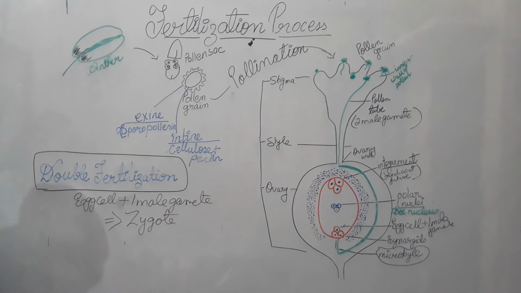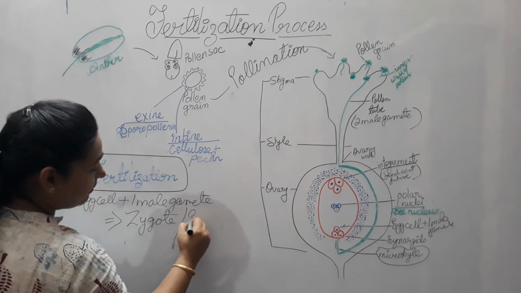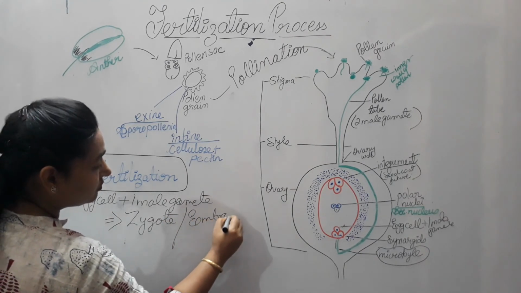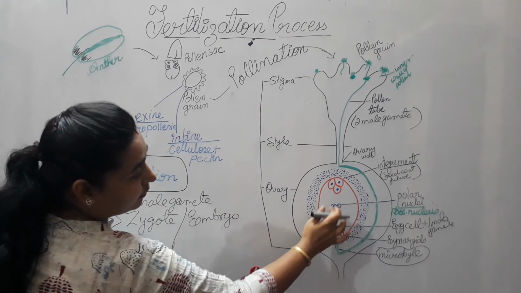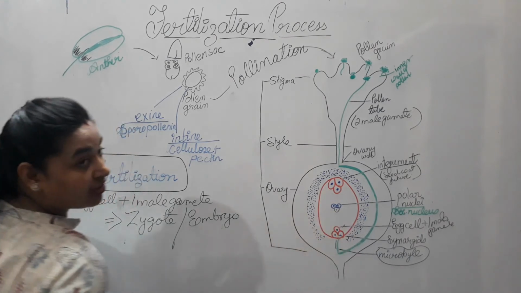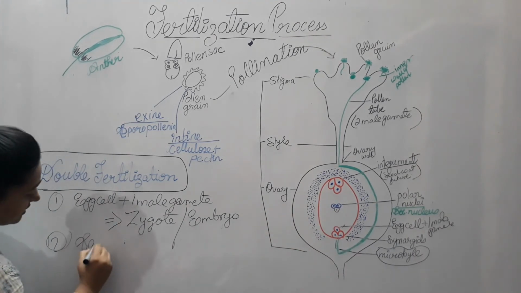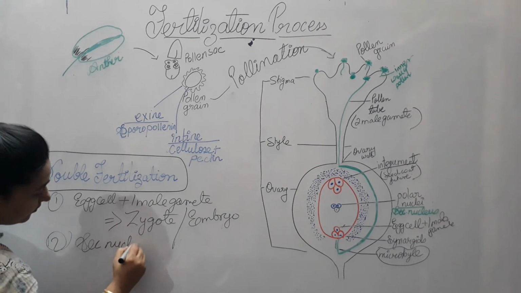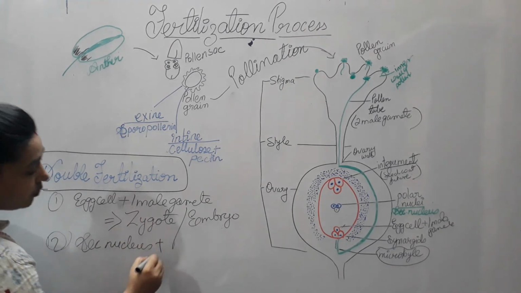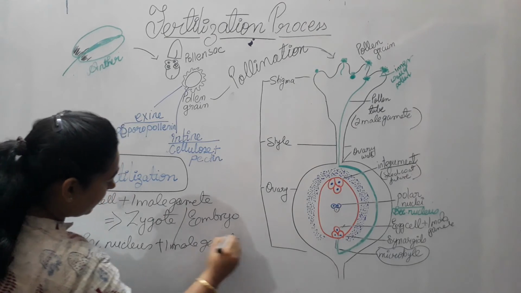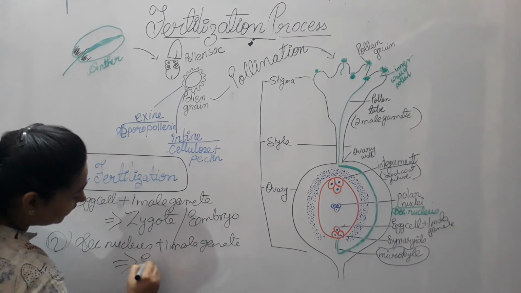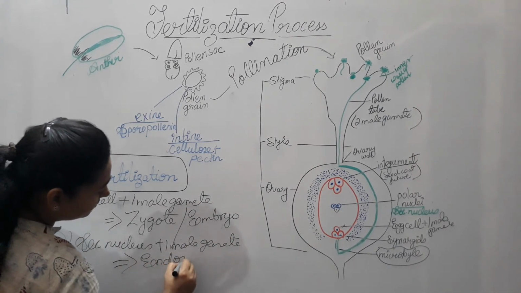The zygote will further develop as the embryo. The other one, which has fused at the polar nuclei place, is the secondary nucleus. So the secondary nucleus plus the other male gamete is going to result in the endosperm.